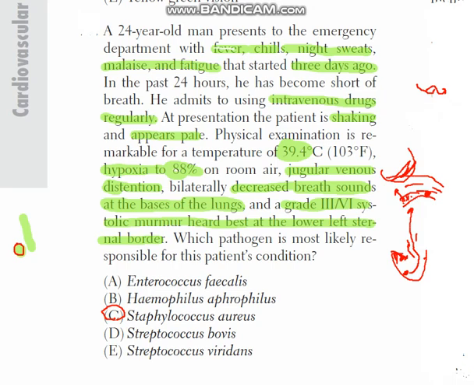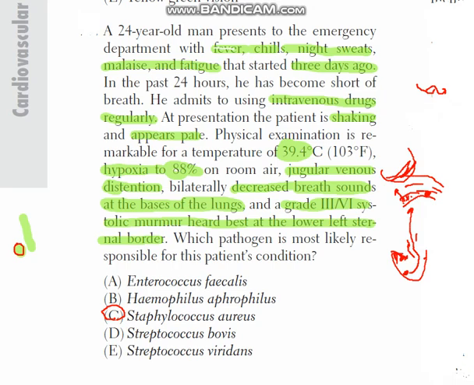So these bacteria cause subacute endocarditis. If we divide endocarditis by sequence or severity, we have subacute and acute.